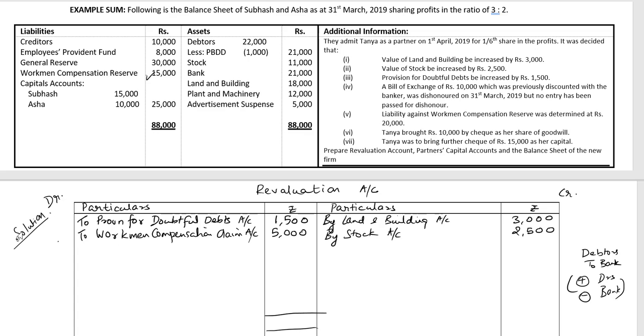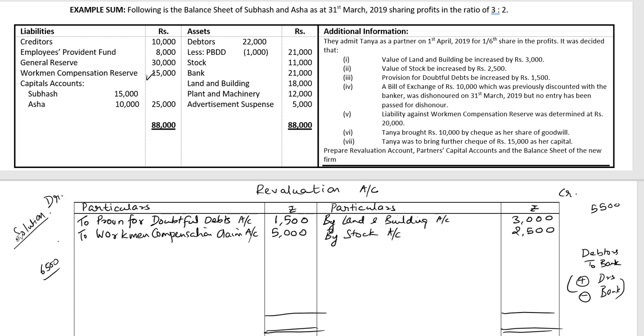So let's see whether it's a gain or a loss. The debit side totals to 6,500 rupees, whereas the credit side totals to only 5,500.